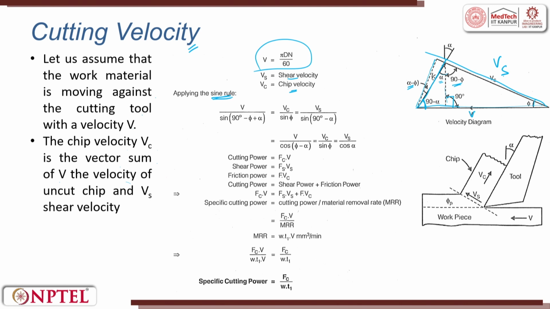Applying the sine rule, V divided by sine of (90 minus phi plus alpha) is equal to Vc by sine phi, and that is equal to Vs by sine of (90 minus alpha). When we equate this, it becomes V by cos(phi minus alpha) equals Vc by sine phi, which equals Vs by cos alpha.